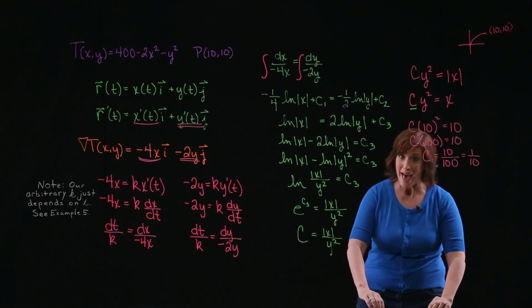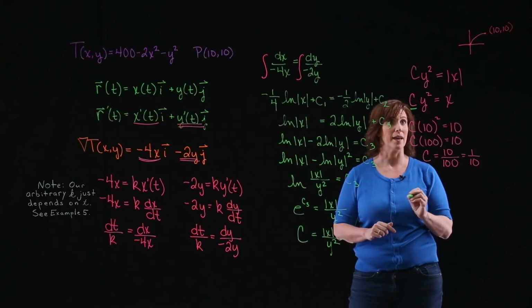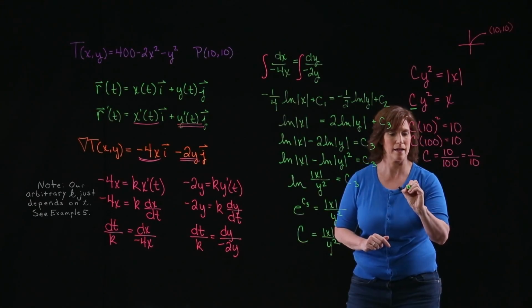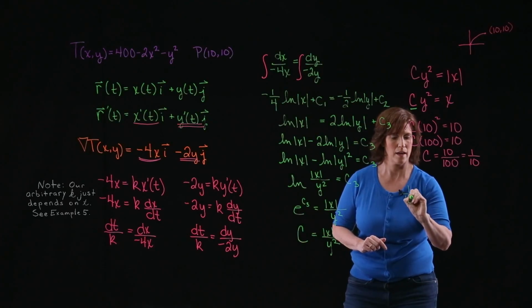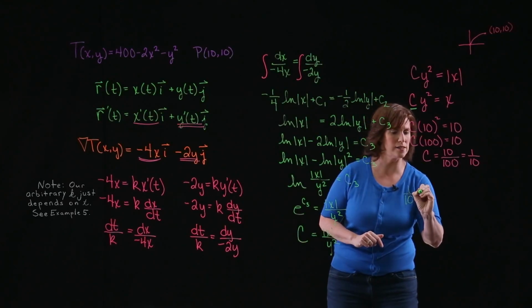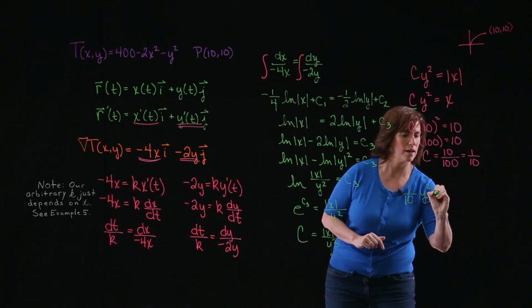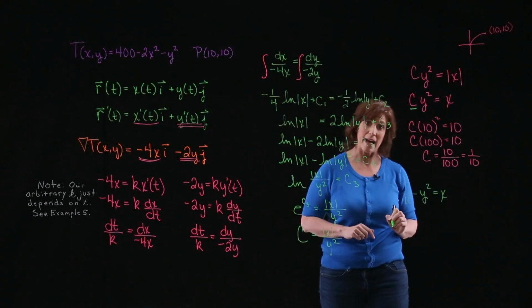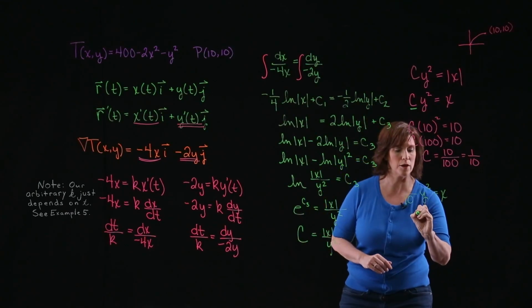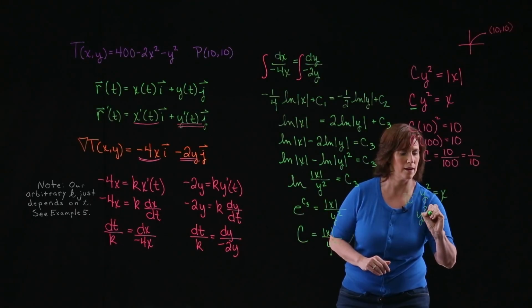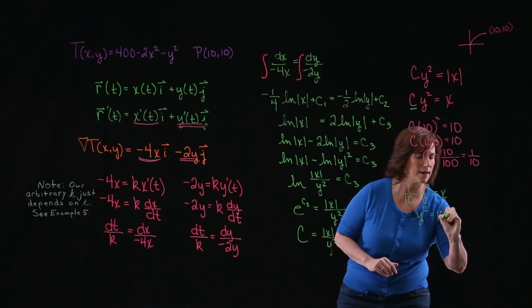So my path that my particle is following is going to be 1/10 times y squared equals x. Or if you prefer, you could write it as y squared equals 10x.